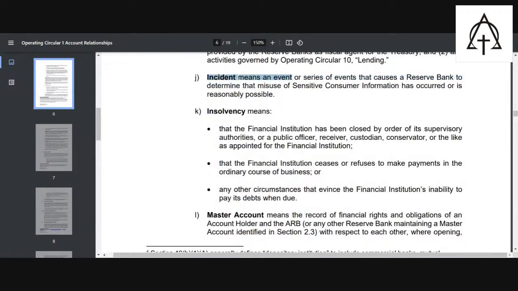Incident means an event or series of events that causes a reserve bank to determine that misuse of sensitive consumer information has occurred or is reasonably possible.